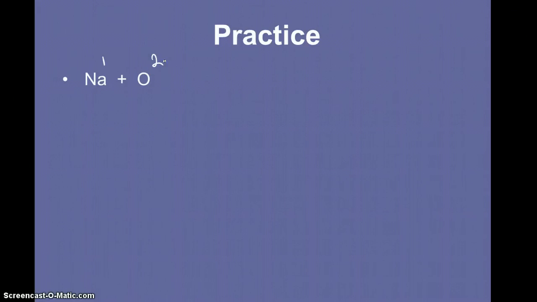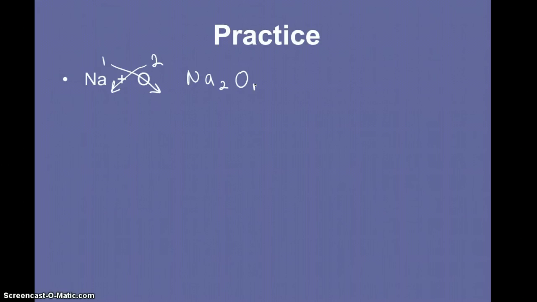When we're writing these binary ionic compounds, these oxidation states switch. So when I write this, it is going to be Na2O. Yes, there's a 1, and that would switch, but when writing these, we never write 1.